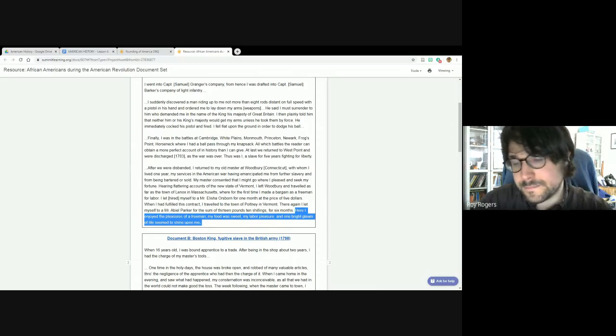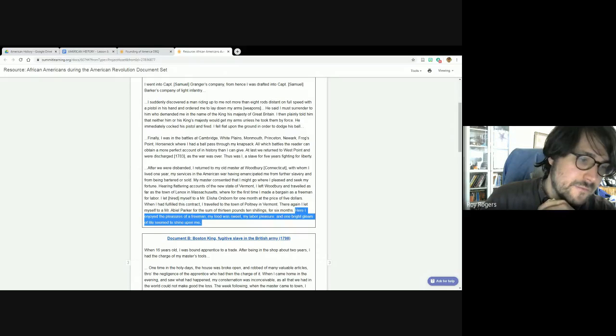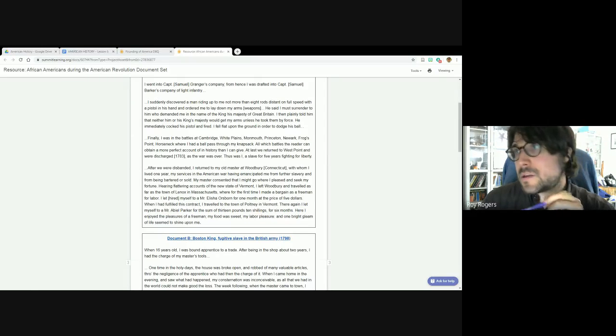Okay. All right. Have folks highlighted at least 3 things from this section, from this piece?